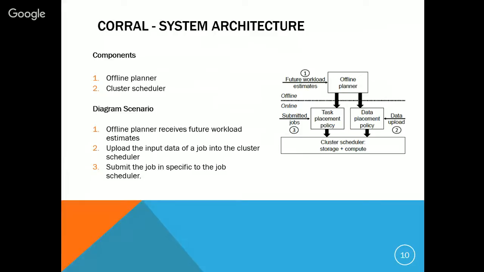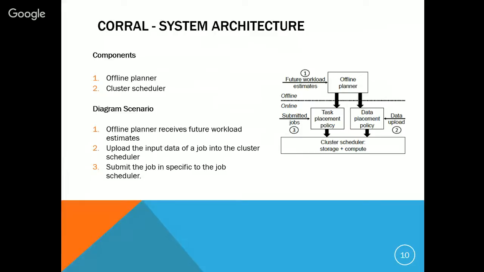So what does the offline planner do? It uses these characteristics to estimate job latencies and solve an offline planning problem in order to minimize some metrics such as the makespan, which we can define as the average job completion time.